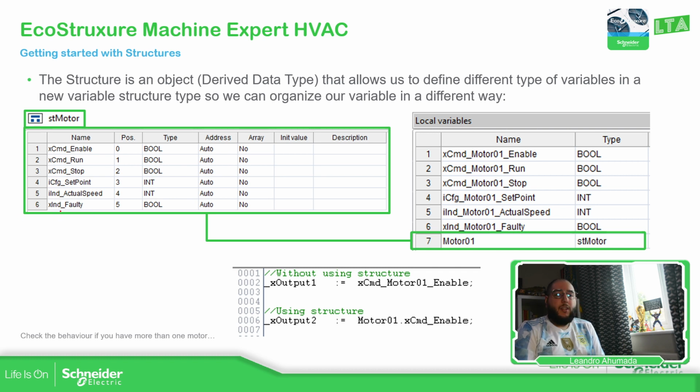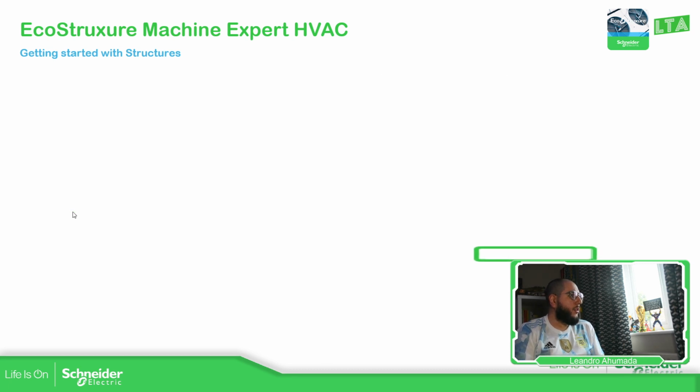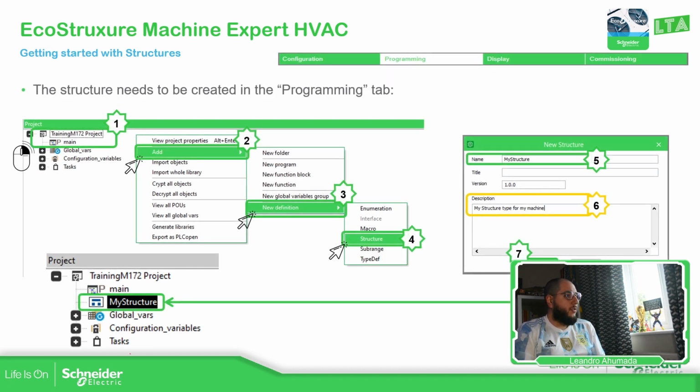But basically the idea is, instead of having different variables spread in our code in the GBLs, we can put everything together in a structure, so we can easily work. One thing that I didn't mention is that structures are only defined for global variables in the GBL or in the local variables.